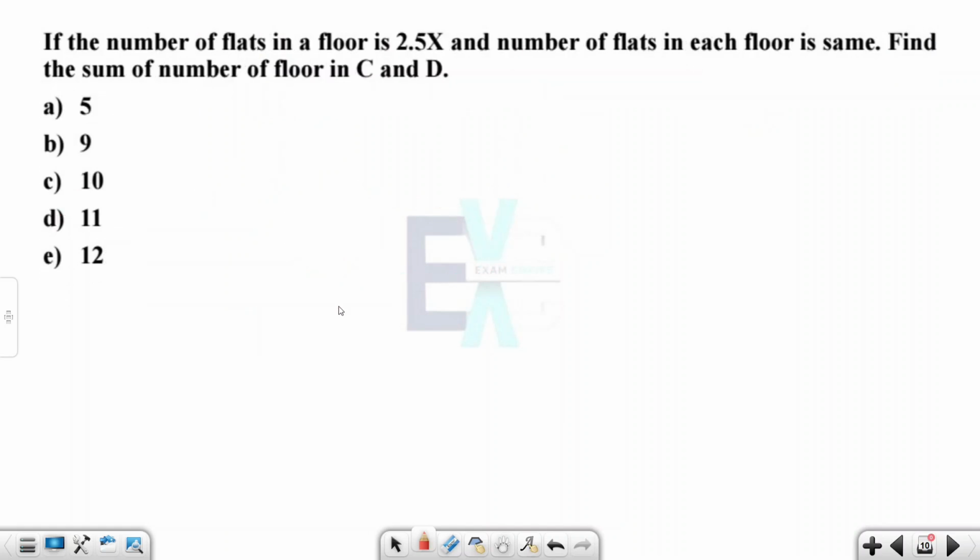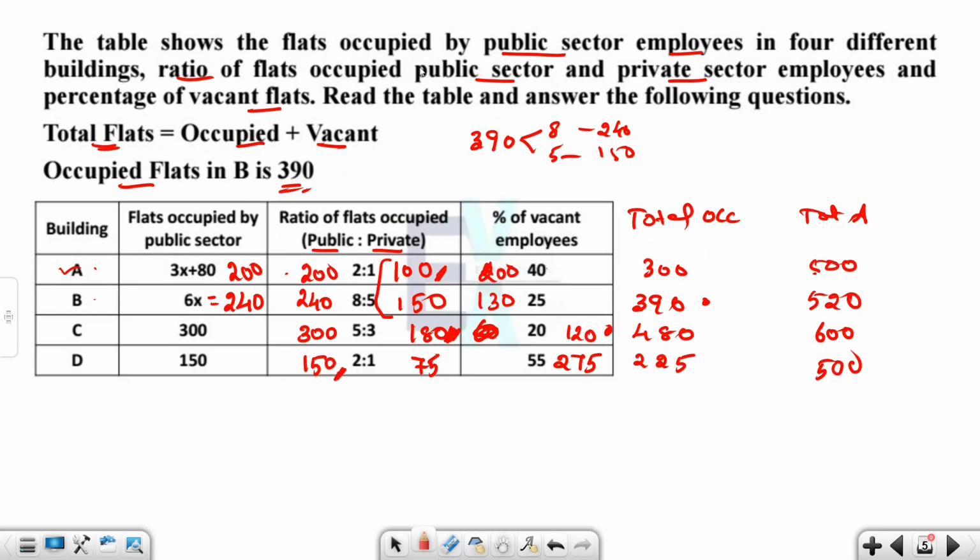Next one. If the number of flats in a floor is 2.5x and the number of flats in each floor is the same, find the number of floors in C and D. We have already seen the value of x. So the value of x will be 40. In C there are 600 in total, in D 500.